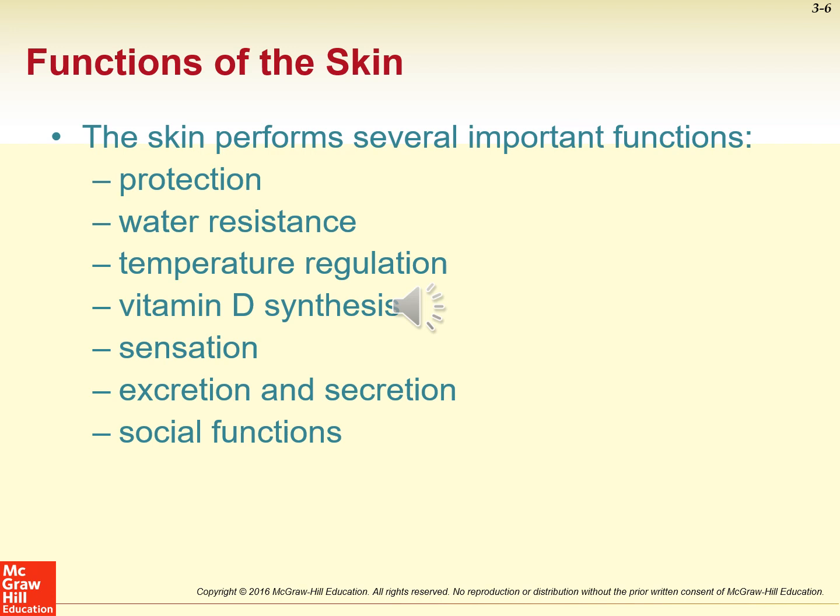Water and small amounts of waste products from cell metabolism are lost through the skin by excretion, and the secretion from sweat glands. Social functions. The skin reflects emotions, blushing when a person is self-conscious, going pale when a person is frightened, and wrinkling when a person dislikes something.